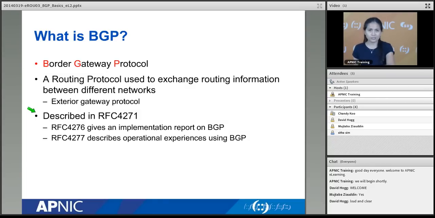So out of that definition, you can see three terminologies popping up. You have a list of autonomous systems, you have routing loops, and you have policy decisions. A deeper understanding of these terminologies will come naturally as we proceed. To simplify the definition, BGP stands for Border Gateway Protocol.